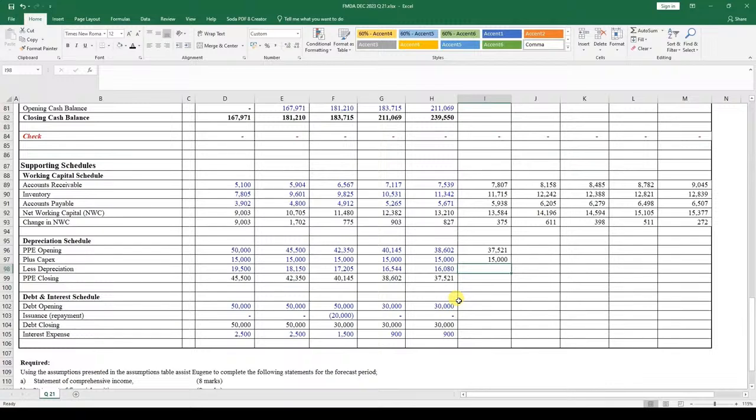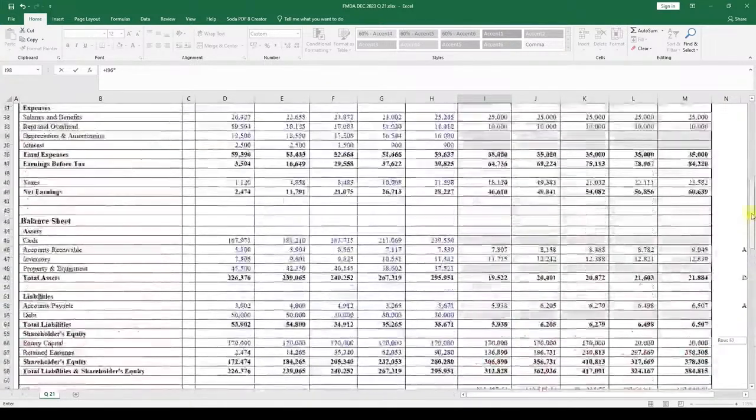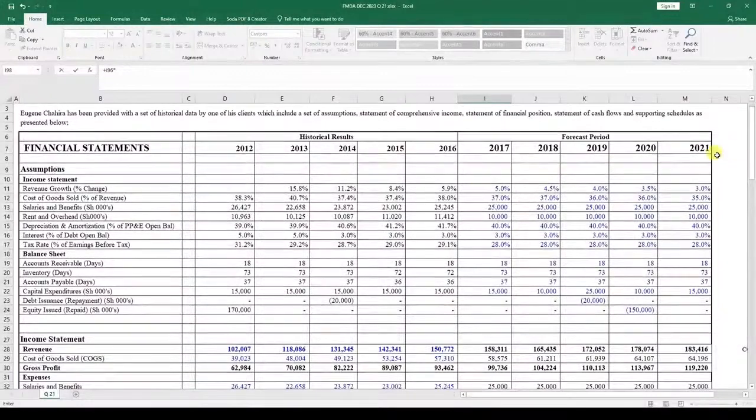The depreciation is based on the opening PPE always. So pick the opening value of PPE and multiply that with the depreciation rate. Remember, we are assuming, for simplicity's sake, the straight line method. So depreciation, we are going to multiply it with that.